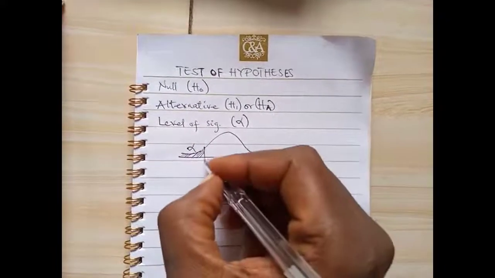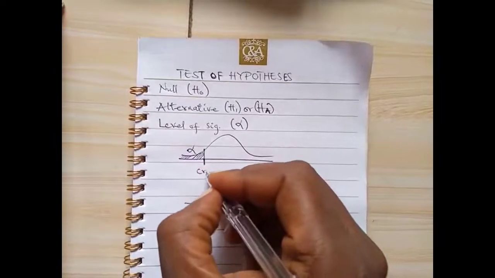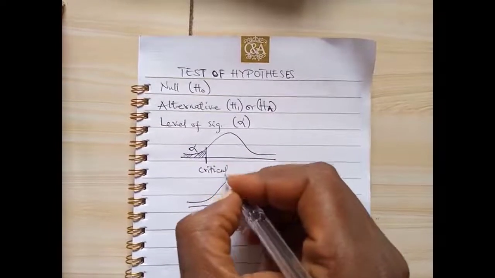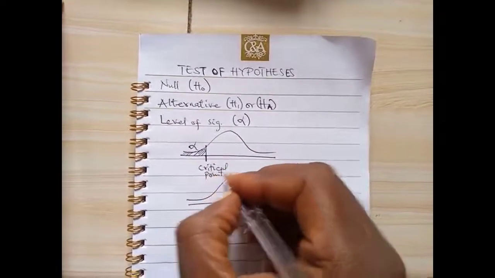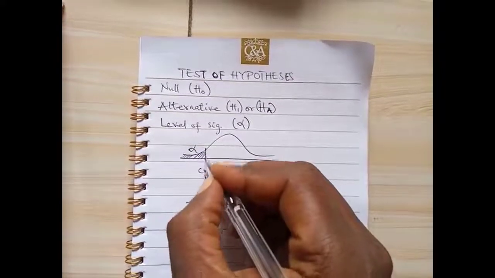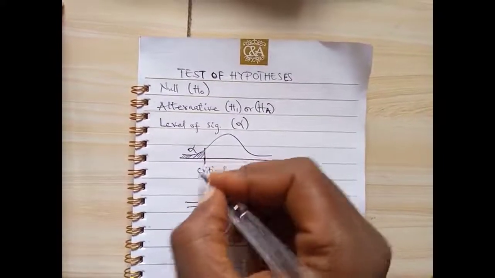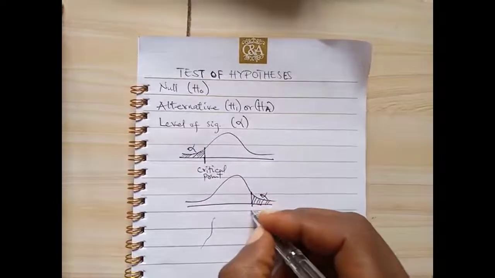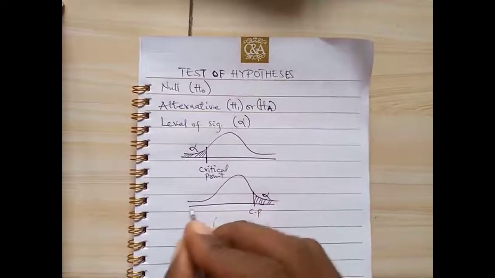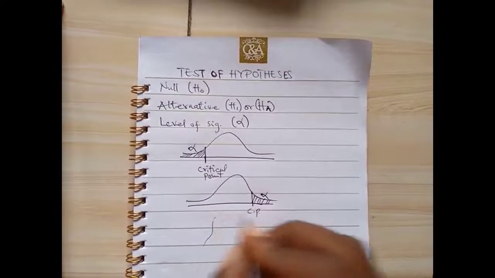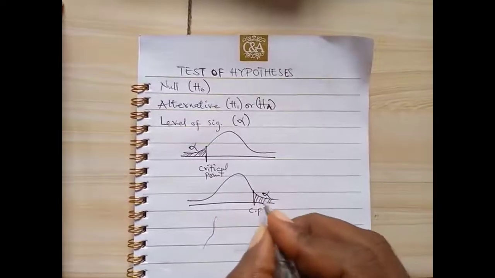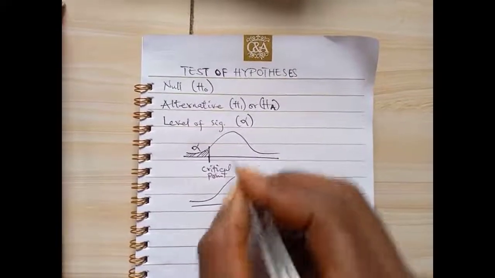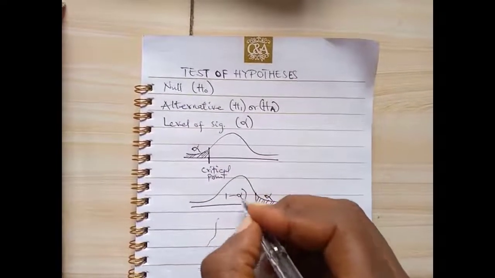You can see this place is called the critical point. The value is gotten from a statistical table called the critical value table. The whole of this distribution equals 1. So since this place is alpha, it means this whole unshaded part is 1 minus alpha.